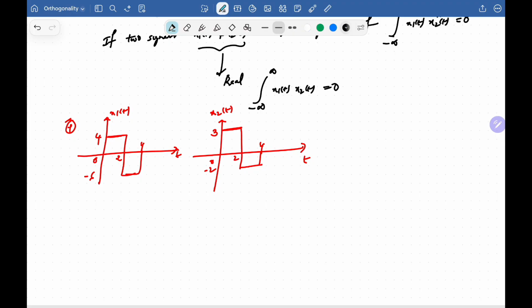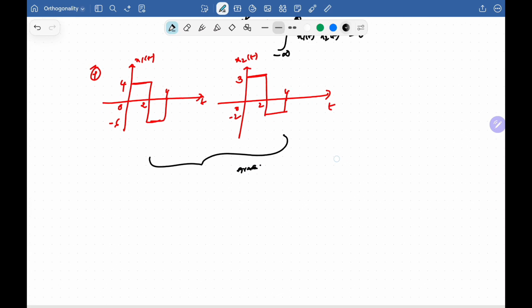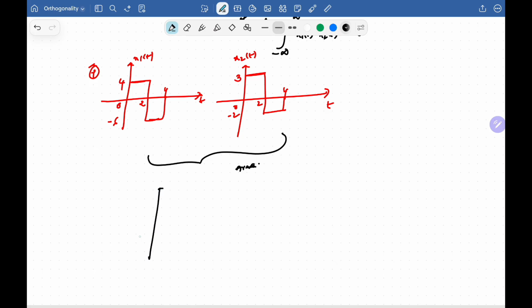Any guesses? We need the total area of the product of these two. How can you measure this? Start from 0 to 2, and multiply these amplitudes over the time period.